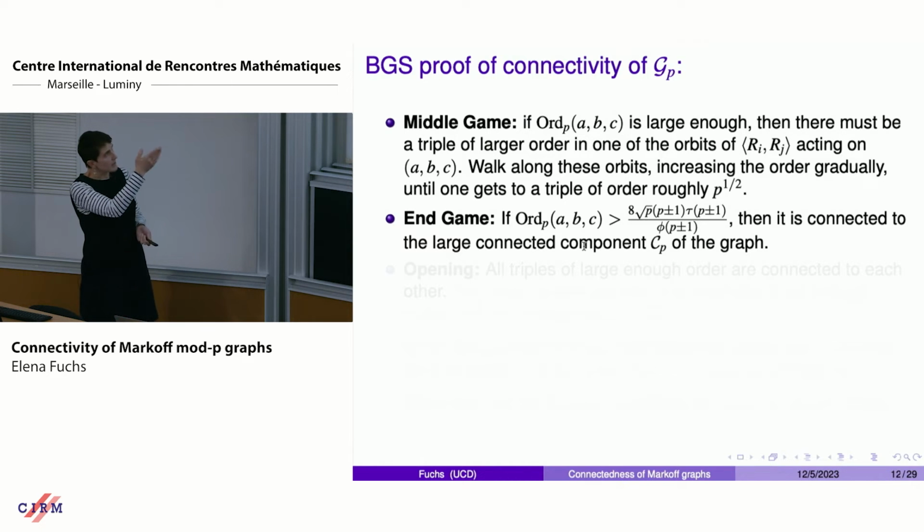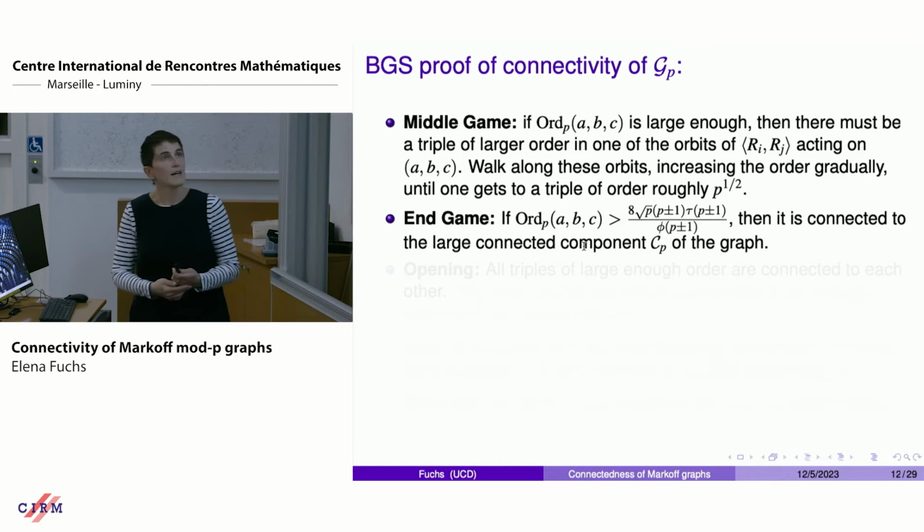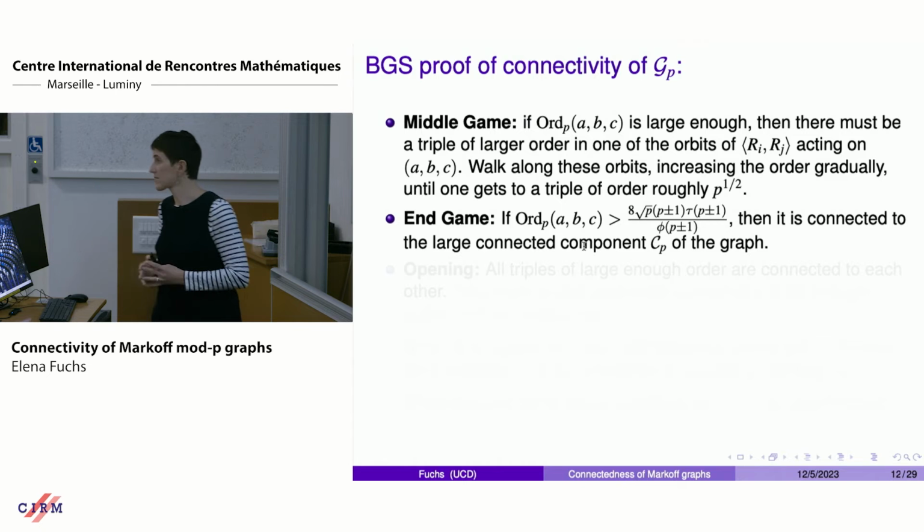Okay, so that's p to the half plus delta. Here's your p to the half, and the rest is the plus delta piece. So if your order is larger than that, then you're automatically connected to this wonderful large connected component of the graph.